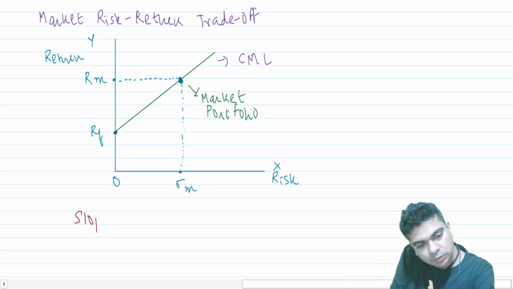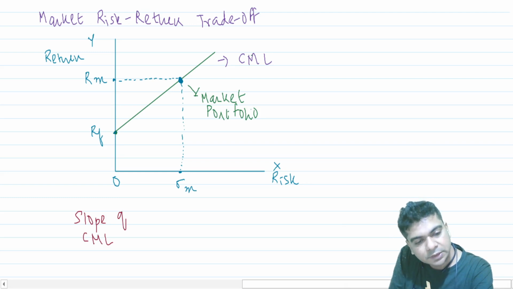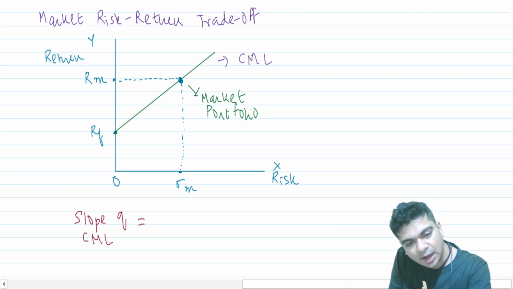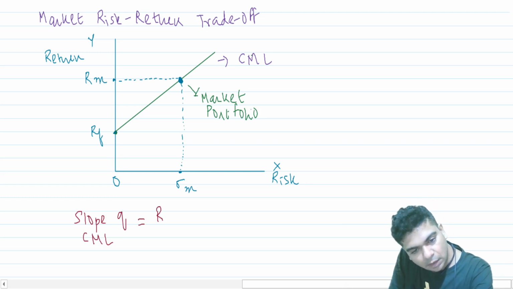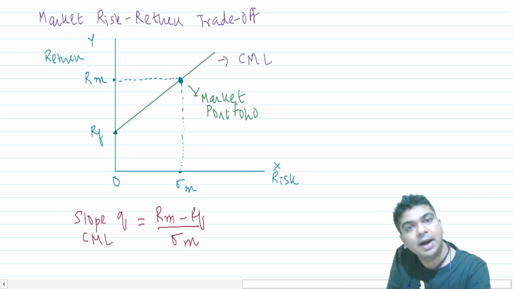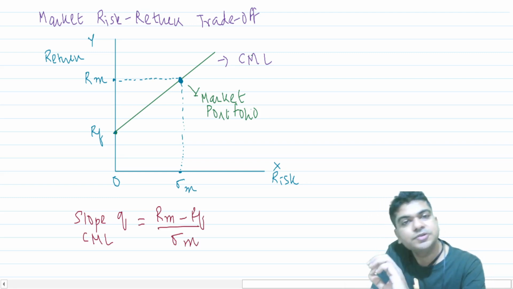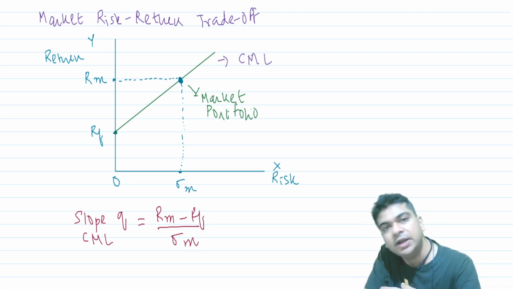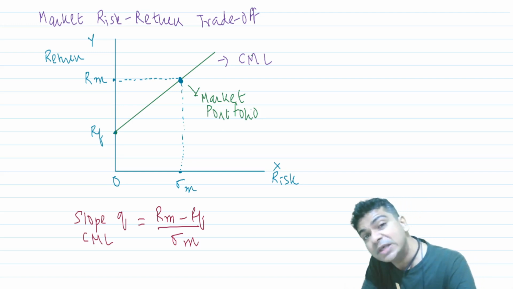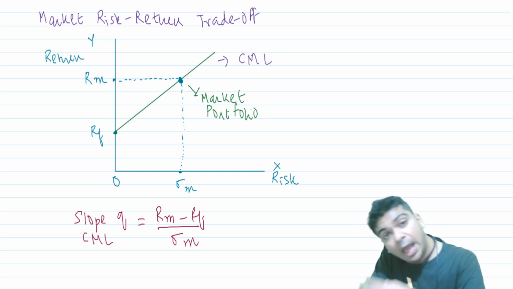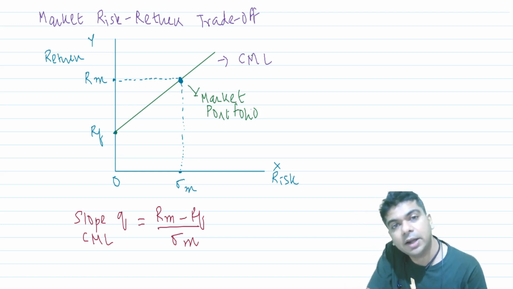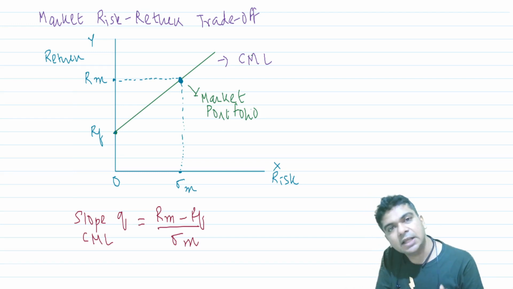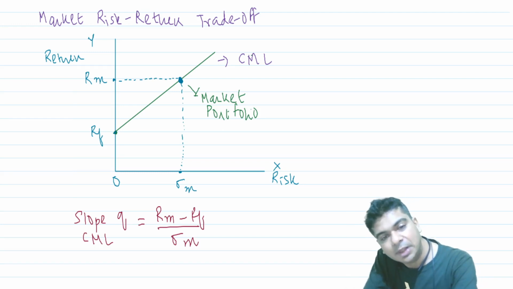The slope of the capital market line is given by RM minus RF divided by sigma M. This will give us, for every percentage of risk that you are taking as an investor by investing in the market portfolio, how much additional return you are demanding. That's the concept of the slope of CML.